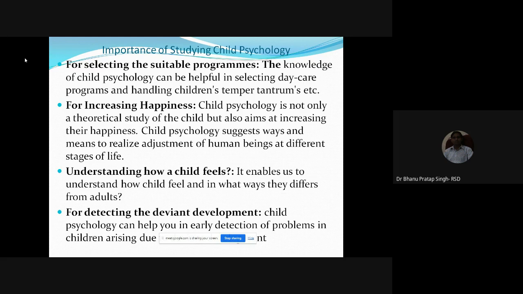The second is increasing happiness. If we study child psychology, then we will be able to create the environment as a teacher to bring happiness among the children. So child psychology suggests ways and means to realize adjustment of human beings at different stages of life.